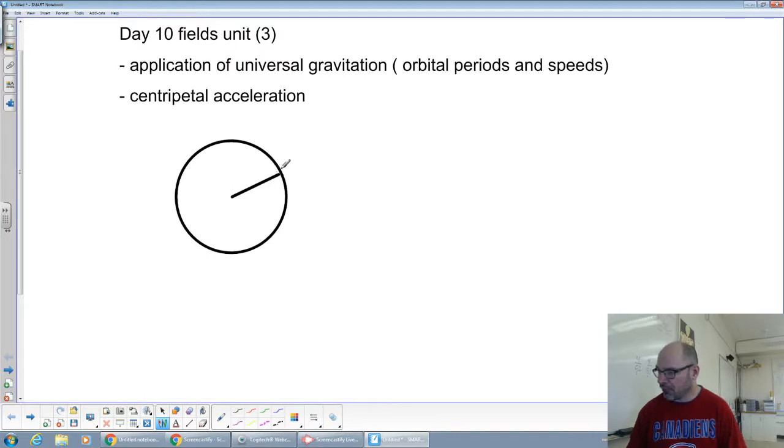I have an object going in a circular motion with some radius r, going around a circular path, and it has some velocity on the outside of the circular path. So this is objects in circular motion.